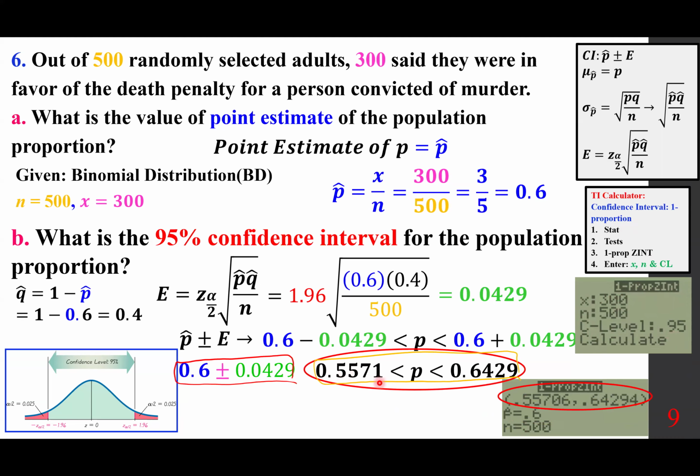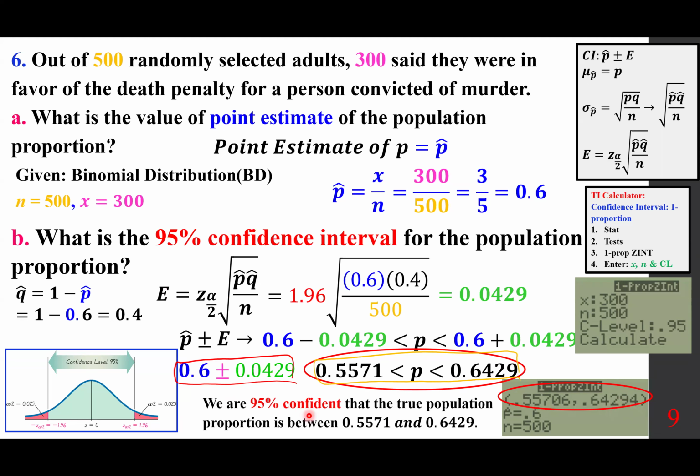Okay, 0.5571. So if you stop here, 0 changes to 1. 0.6429, 0.6429. If you stop here, 9 doesn't change. So extremely close. What does it mean? We are 95% confident that the true population proportion is between 0.5571 and 0.6429.